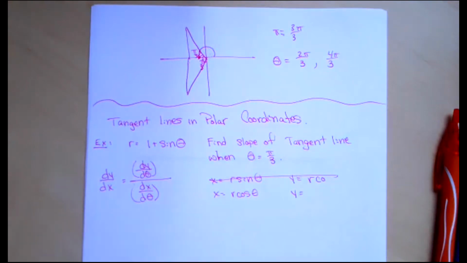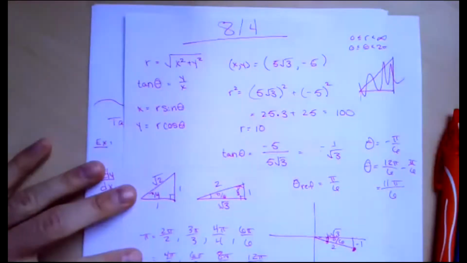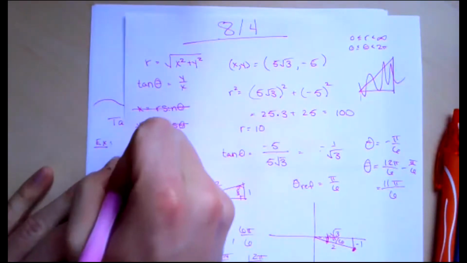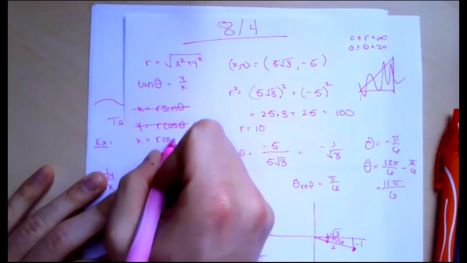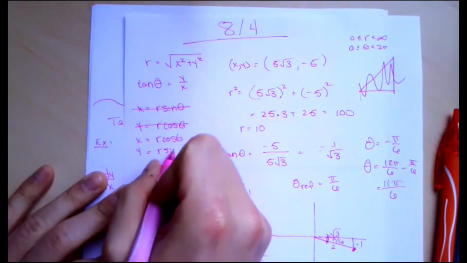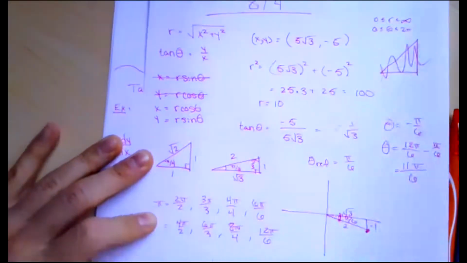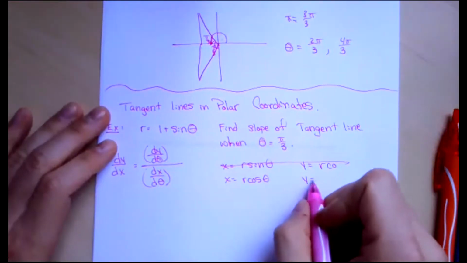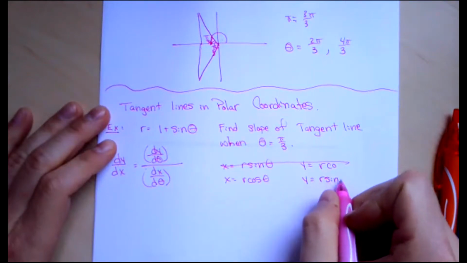Did I write those down? Oh, I did write those down backwards. Apparently I'm dyslexic today. Yeah, so those should be switched. r cosine theta for x and r sine theta for y.